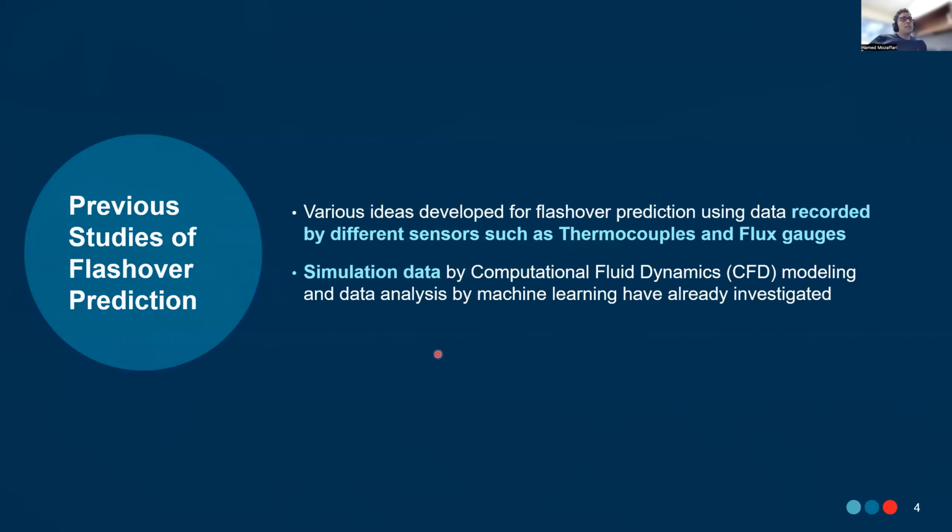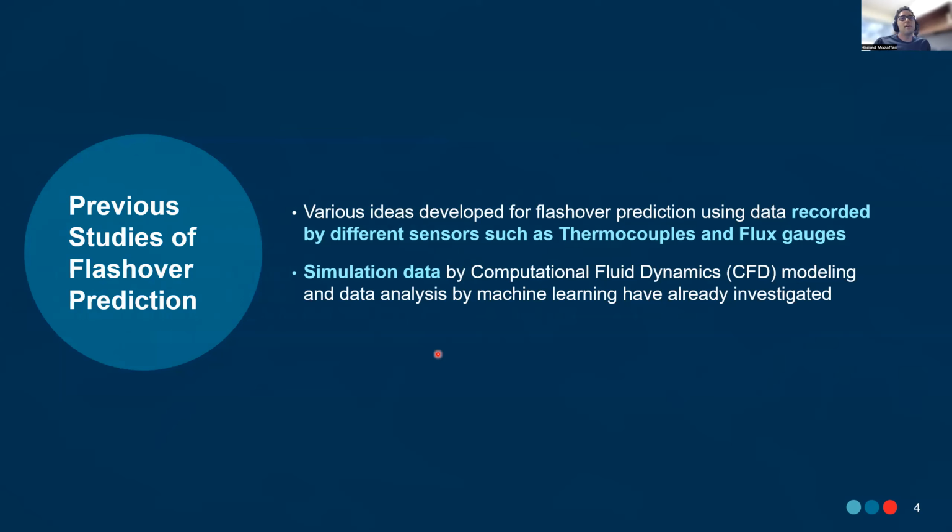To detect flashover, which is really dangerous for firefighters, previous studies focused on using sensors. We can put lots of sensors in a room and then monitor the temperature, monitor heat flux rate, and this kind of thing. But the problem is that we first need data.